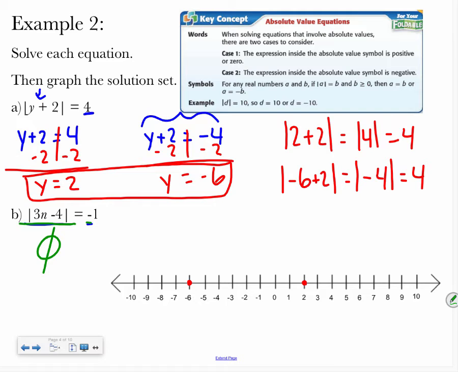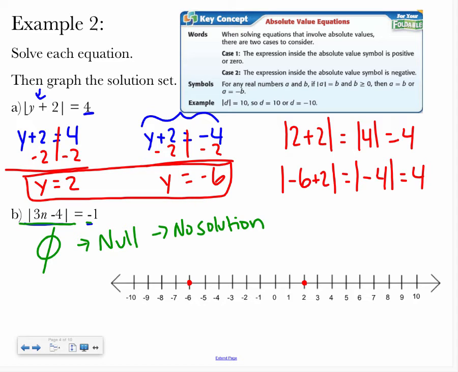So just write a 0 with a line through it. That means a null, which is basically the same as no solution. So if you ever see the absolute value of something equal to a negative number, that's an easy one. You just write null and you say no solution.